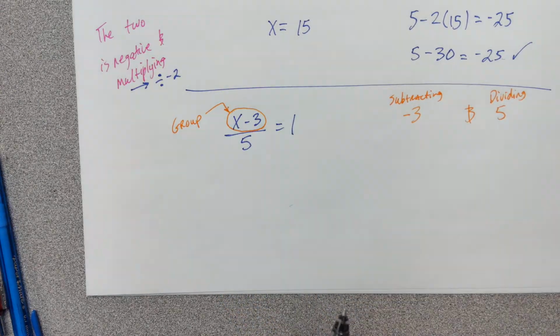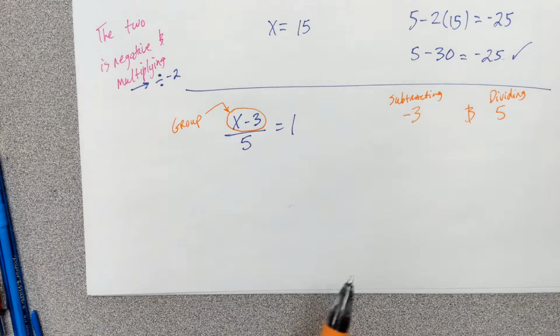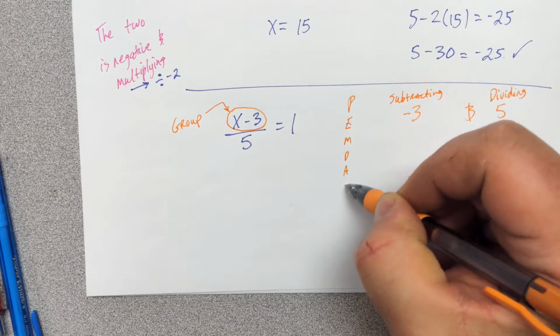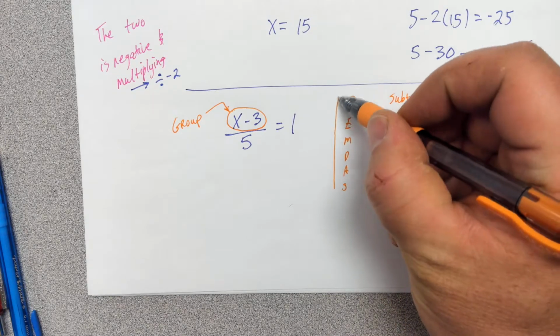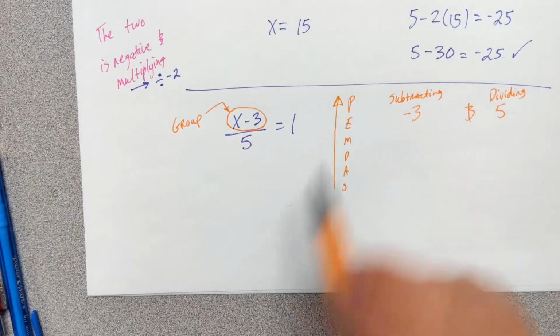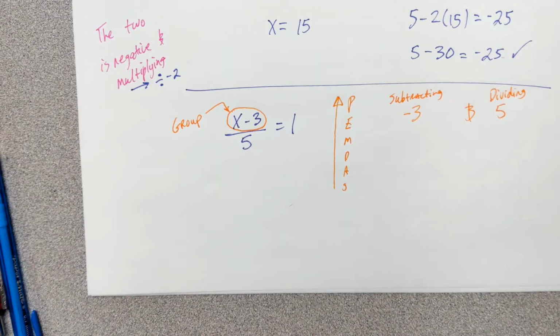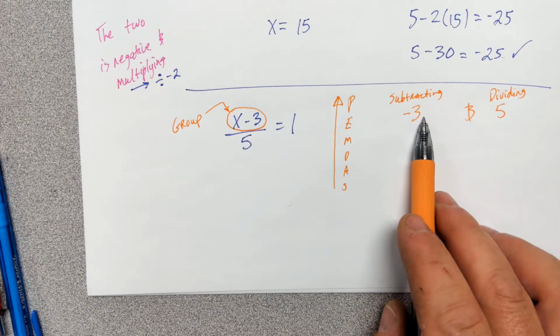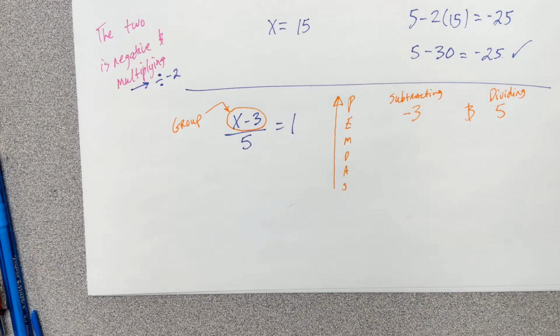There's no parentheses, but it's still in a group, because the whole thing is being divided by 5. When we're solving, we do things backwards. Groups go last. So in this case, we actually have to get rid of the 5 first, and then the 3. How do we get rid of that 5, Marlene?